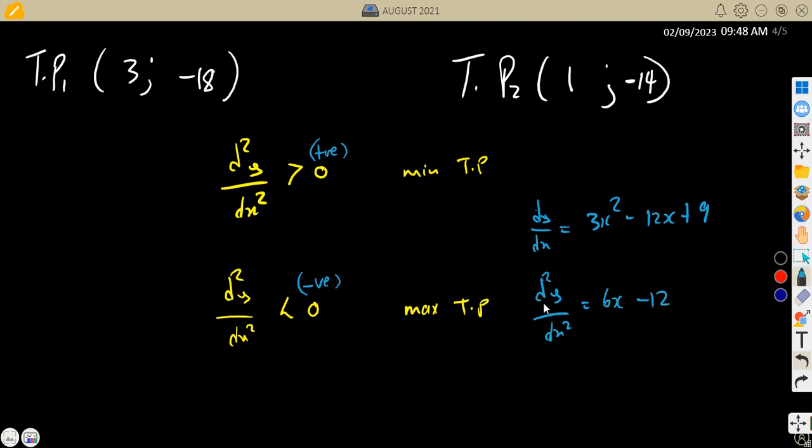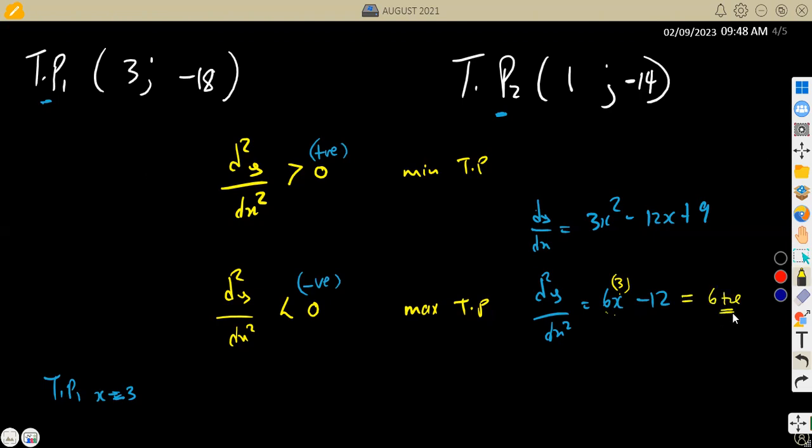So that's why I'm saying at this second derivative, you are to substitute from the turning points. This is your first turning point, this is your second turning point. From our first turning point, our x is equal to 3. Substituting x as 3 here, this is going to be 6 times 3, which is 18, then minus 12, which is going to be a positive 6.